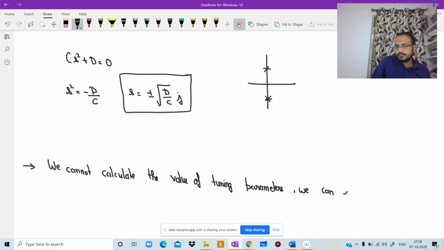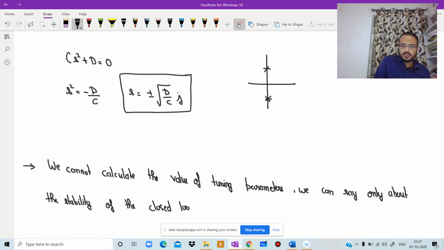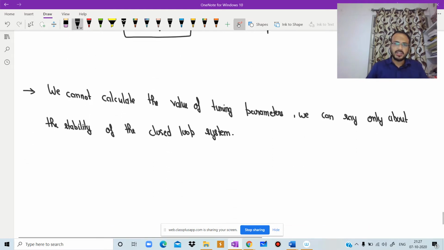We can say only about the stability of the closed loop system. Is it clear up to this point?